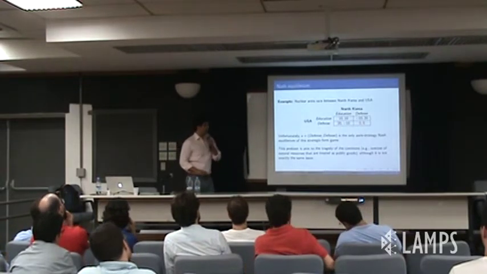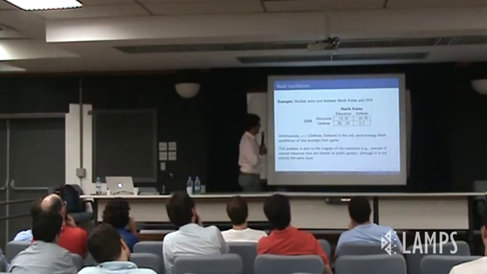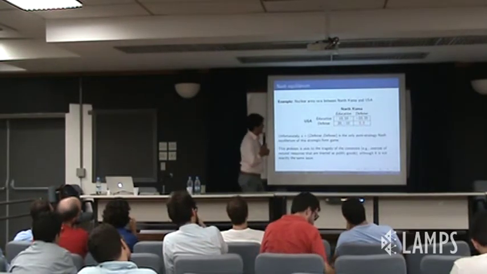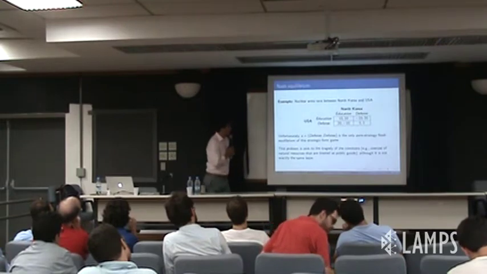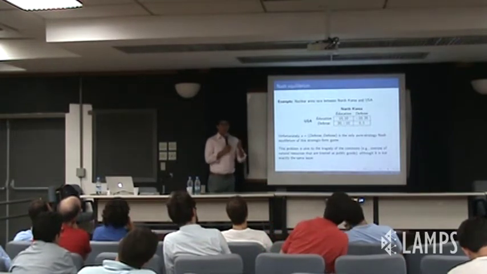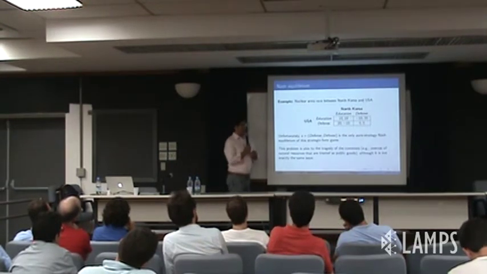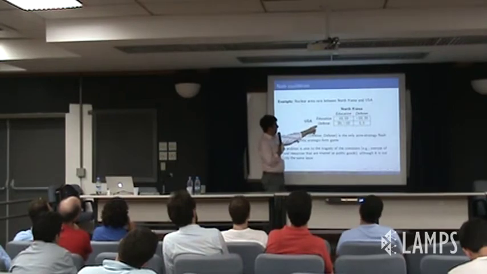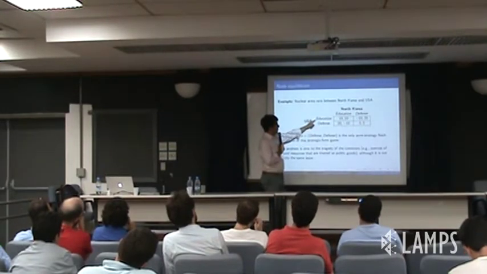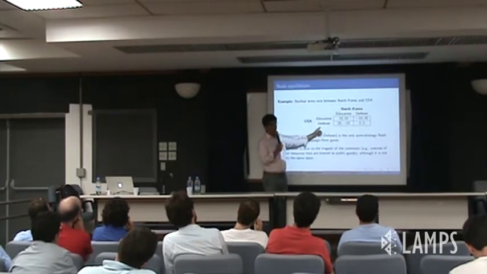This example. So, okay, here's a game: the nuclear arms race between North Korea and the United States. We have two agents, N equals 2, the US and North Korea. Each country can choose to invest in education or to invest in defense.